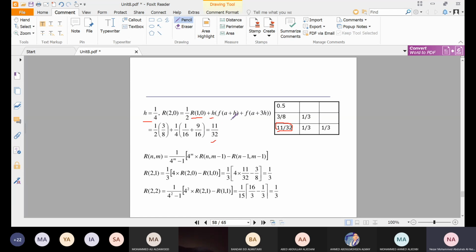We substitute into the function x squared to evaluate this value, plus a is 0 plus 3/4. We evaluate the function at 3/4 and compute the value. Then we solve this algebraically and we find it is 11/32.